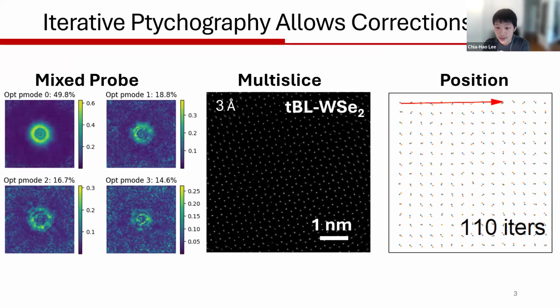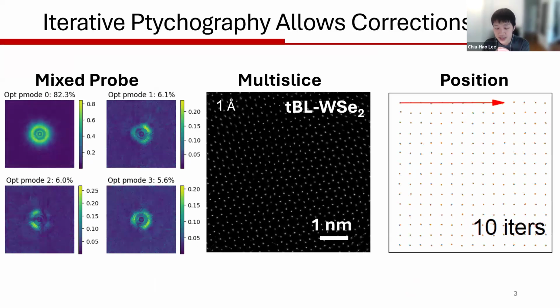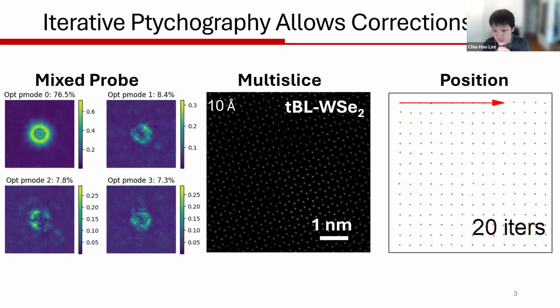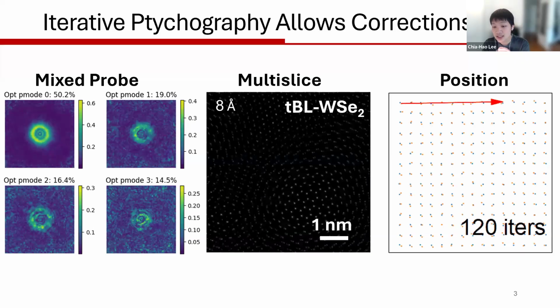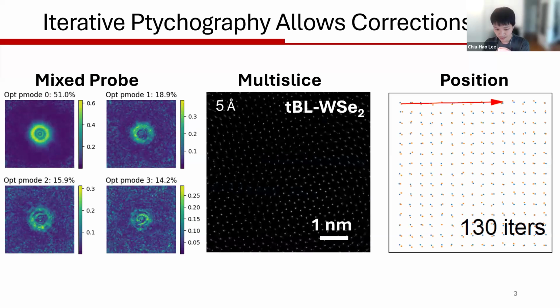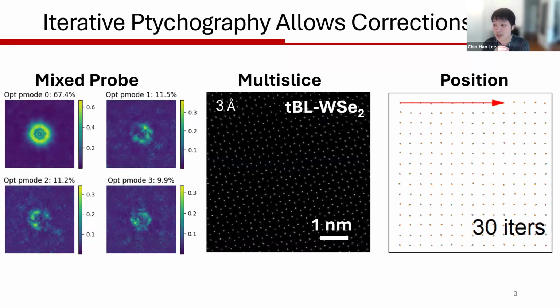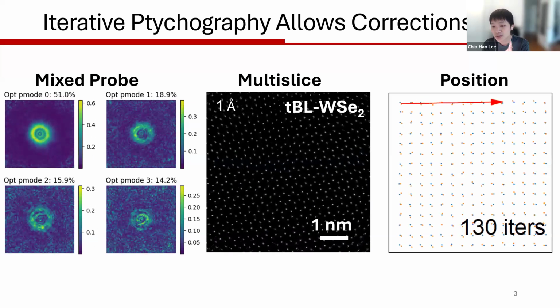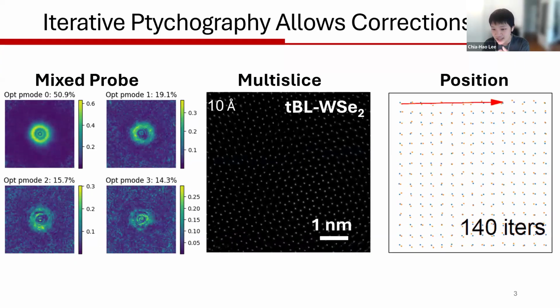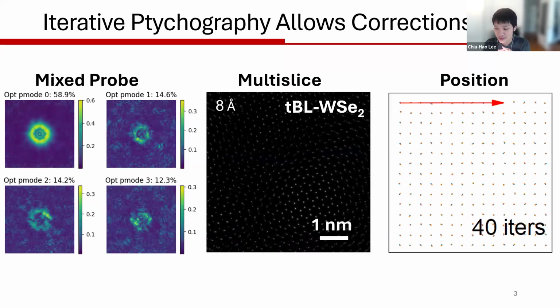And also you can easily do this multi-slice reconstruction that allows you to get depth sectioning with a single 4D STEM pattern without requiring any tilt or tomography setup. And also it allows you to do easy position correction. So all this sounds great. That means with iterative ptychography, you just take data and the algorithm will sort of correct things for you.